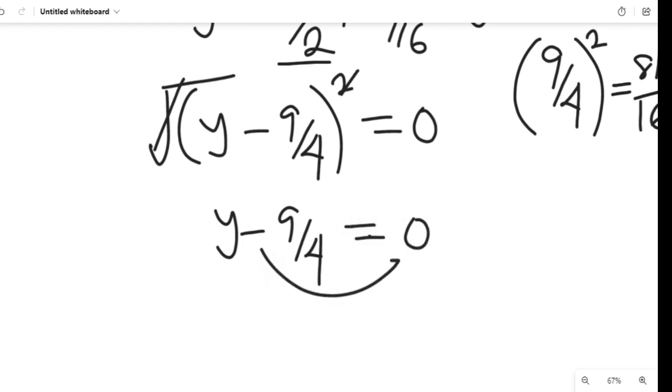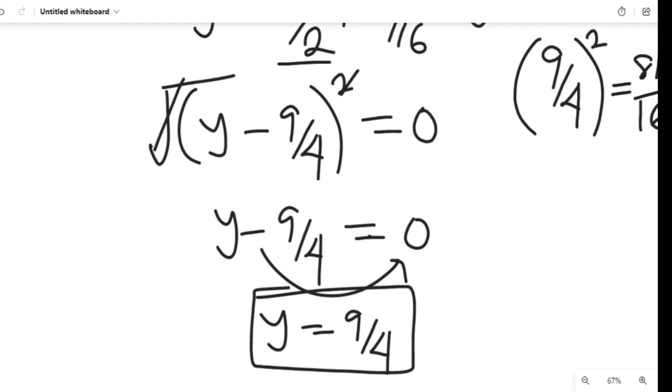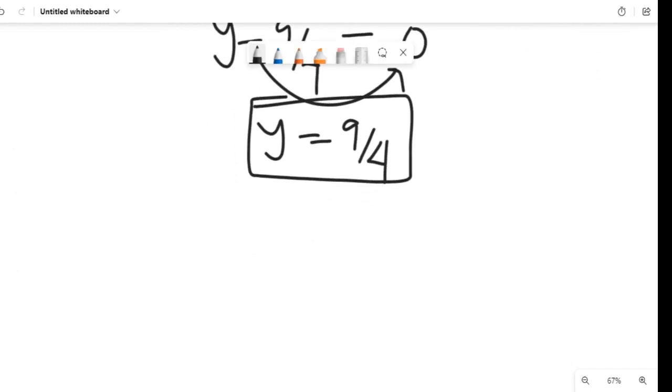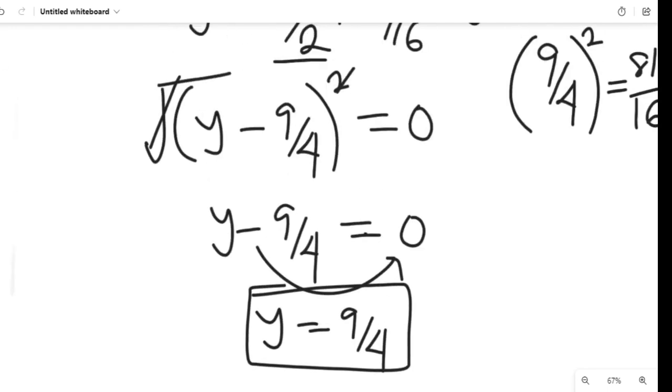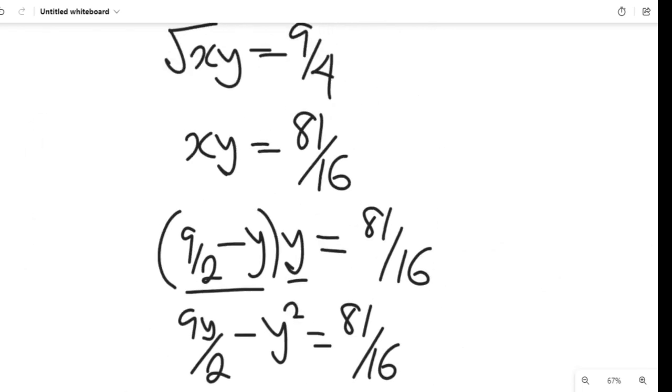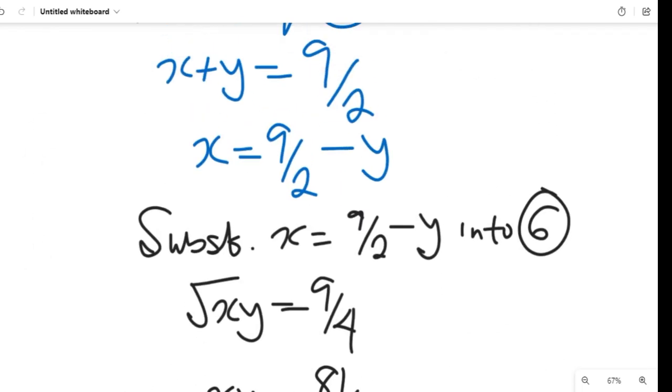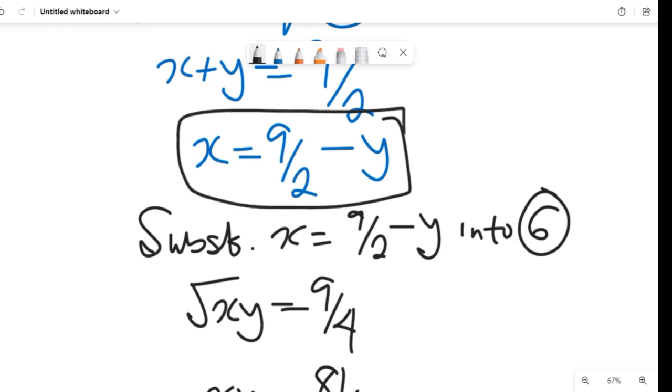So our y will be equal to 9 divided by 4. So we've gotten our value for y. Remember, the essence is to also get a value for x. We can get x from the equation we found here, that x is equal to 9 divided by 2 minus y.